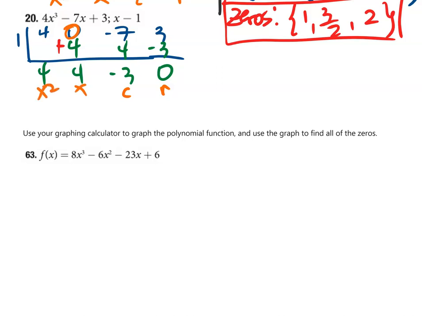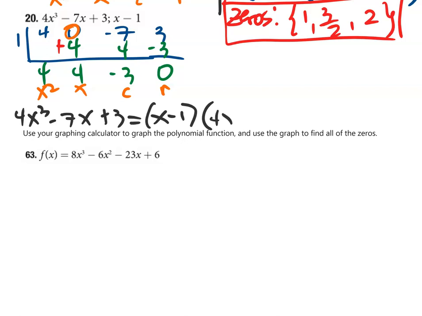So we can say that 4x cubed minus 7x plus 3 is equal to, the factors are x minus 1 and 4x squared plus 4x minus 3.